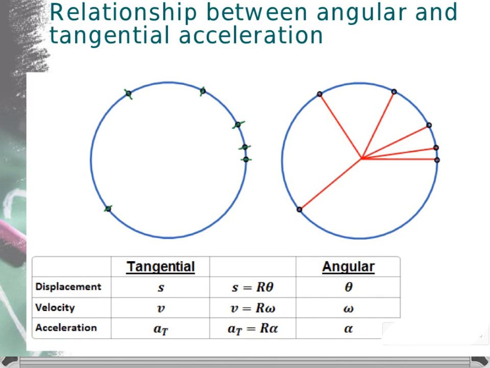What's the relationship between these two new types of acceleration? Let me show you what's in the picture first. Imagine something starting off on the outside of this circle, at rest here. A second later, we take a snapshot and it ends up at this position.